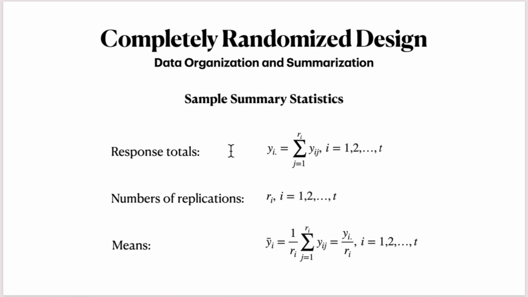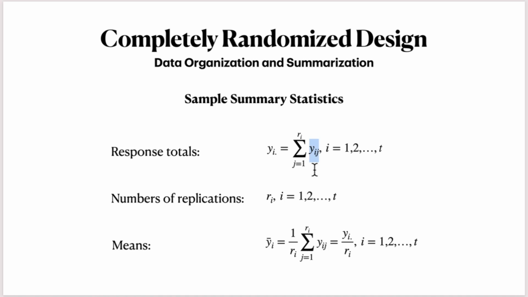And so for the ith sample, the sample from the ith treatment group, let's say, the response total for that sample is denoted y sub i dot. Okay, now let's take a look right here. This is how that observation is denoted.